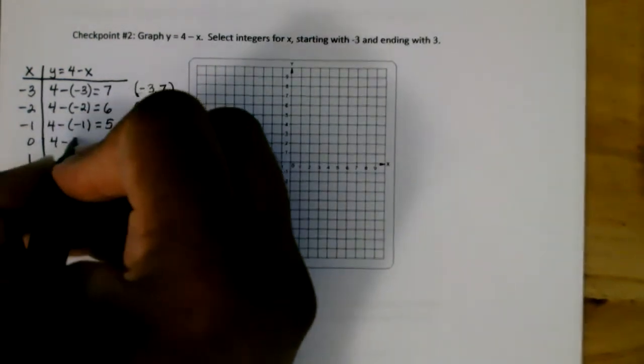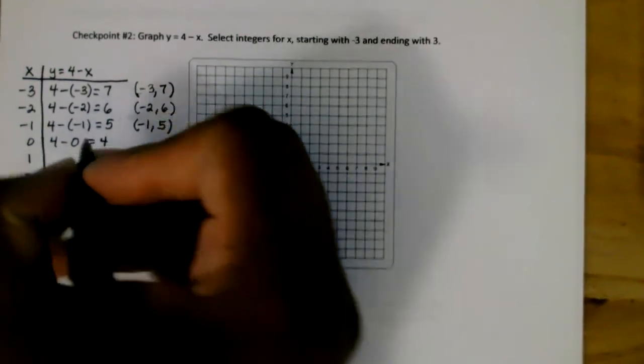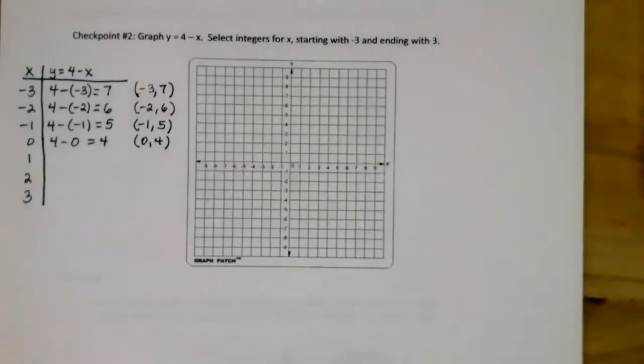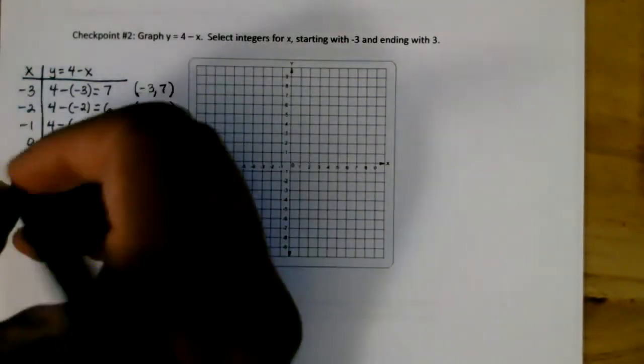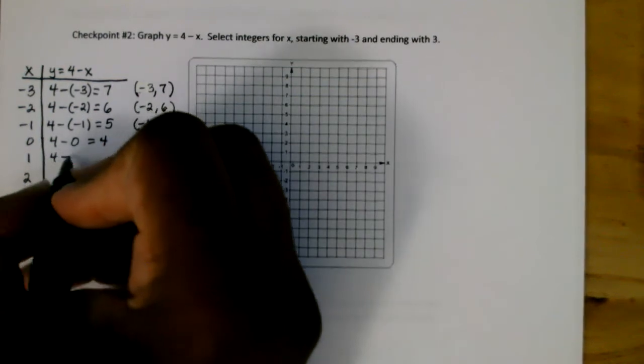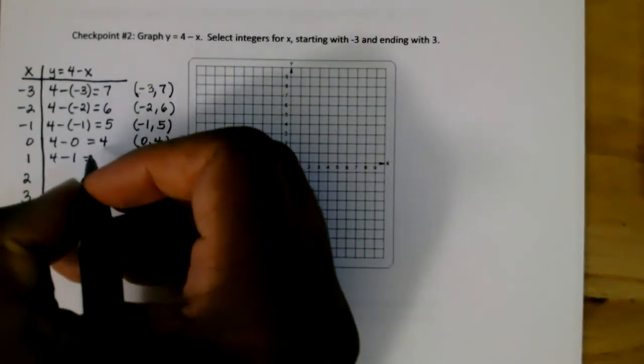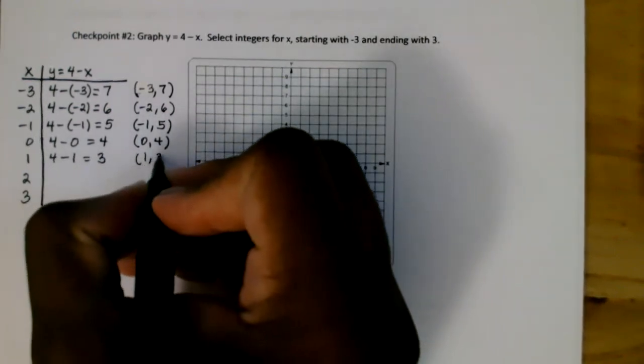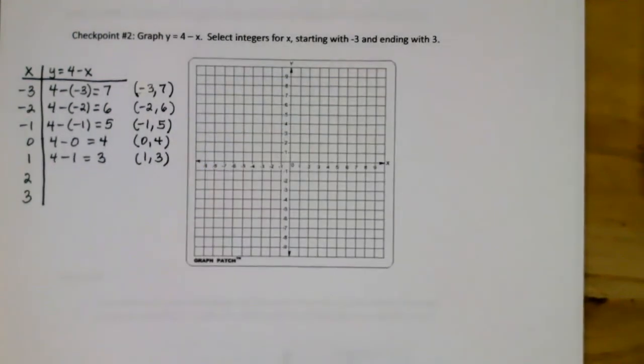For x equals 0, this will be 4 minus 0. That'll be 4. So I have 0, comma 4 as another ordered pair. And then for x equal 1, this will be 4 minus 1, which is 3. So 1, 3 is another ordered pair.